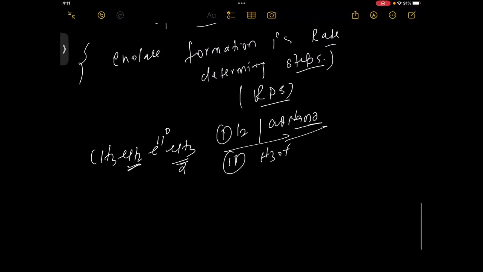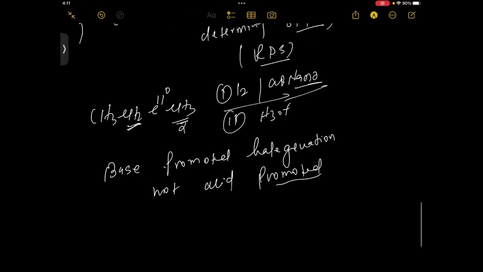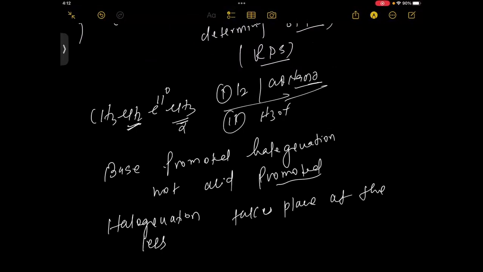See, students, earlier I said it is a base promoted halogenation. What is this? It is the base promoted halogenation, okay? Not acid promoted. Halogenation takes place at the less substituted alpha carbon.